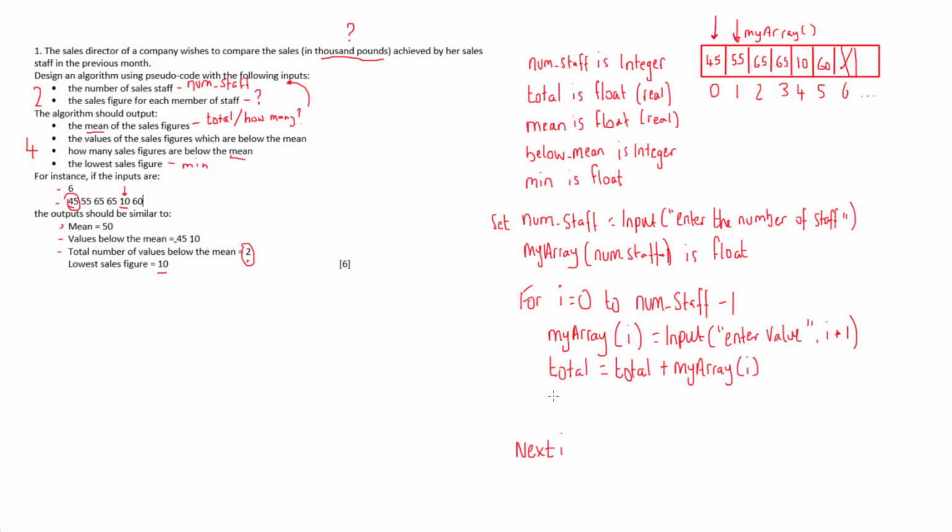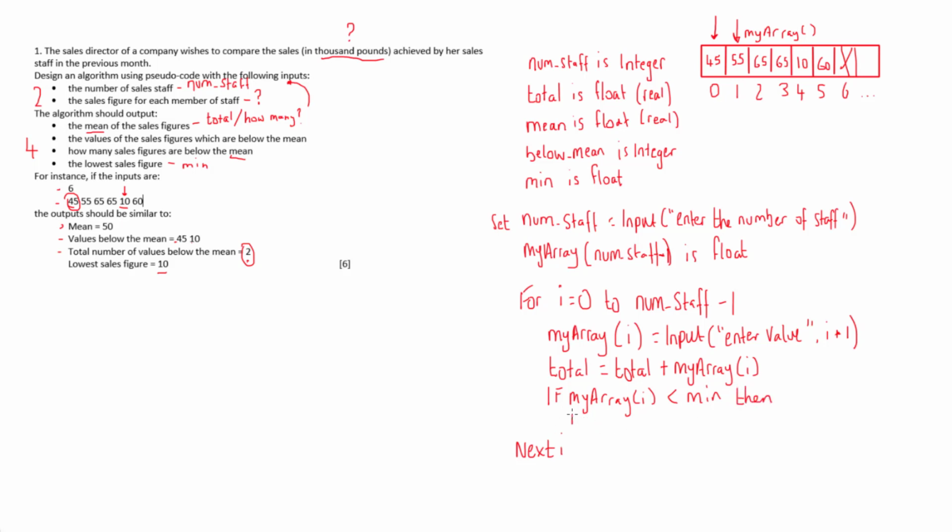And the next thing I can do is while I'm here, I can also work out the lowest sales figure because I'm entering all the values in every time. So if I did this piece of code here and said, if the thing that's just been entered into my array, if that is less than the minimum value that I've got up here, then what we're going to do?